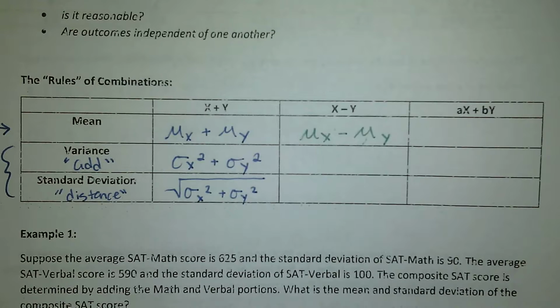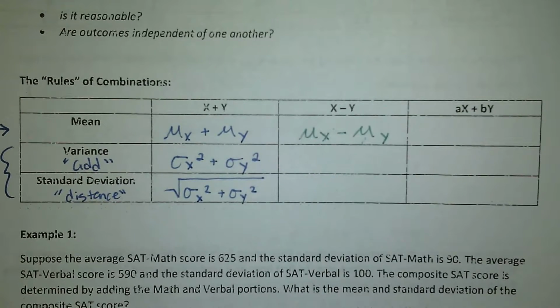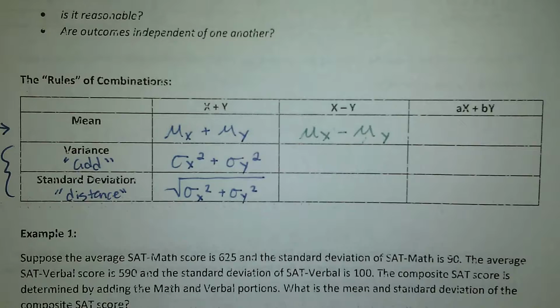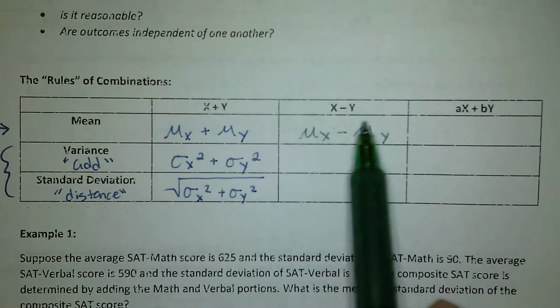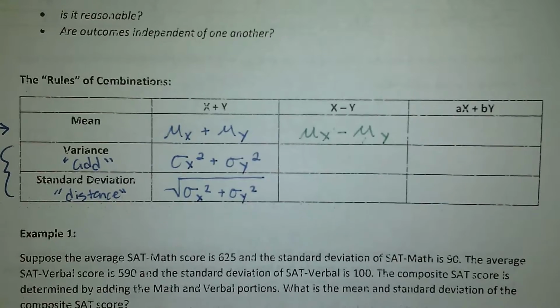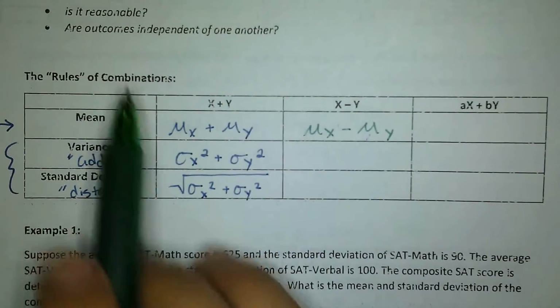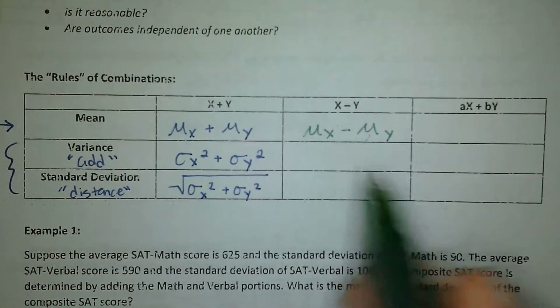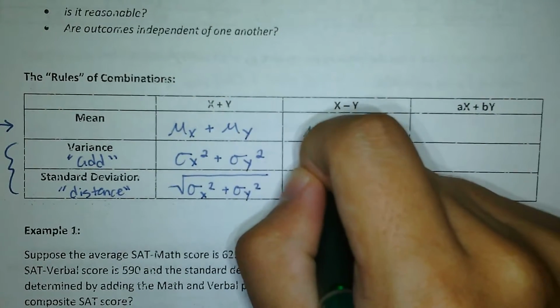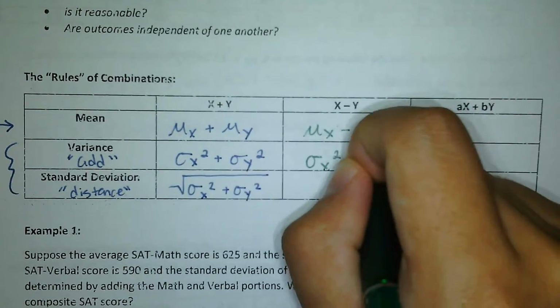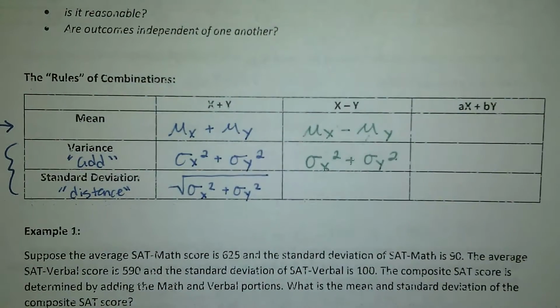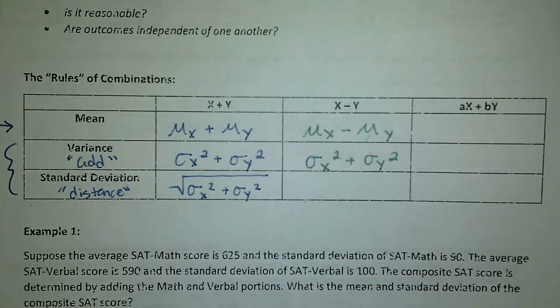Now, subtraction, we notice that the means change, but we said subtraction does not change measures of spread. This still holds true, and even though I'm subtracting these two distributions, ultimately I still am combining them. So even though it says subtraction, we're not going to subtract the variances, we are still going to add the variances because we're still combining these two data sets. If you take two smaller spreads and put them together, you're still going to have more spread.